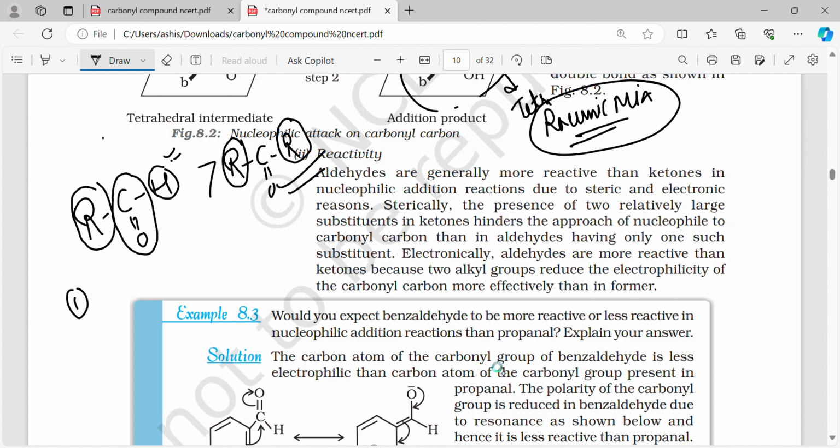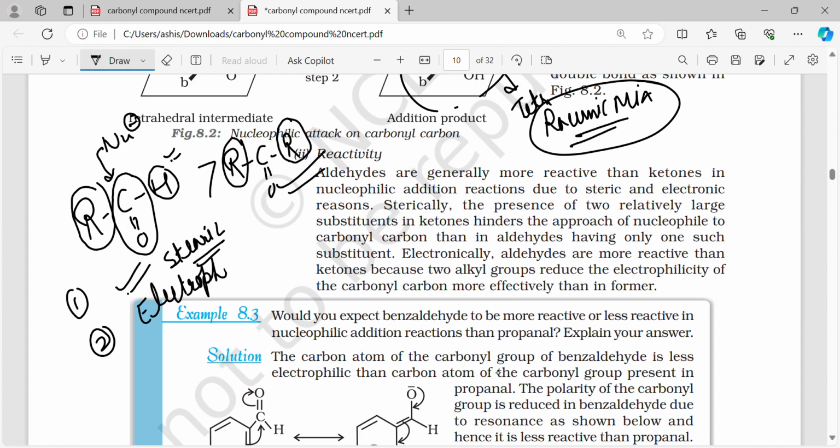Steric hindrance in ketone is more. That's why the nucleophile will attack faster on the carbonyl carbon of aldehyde. That's why aldehydes are more reactive toward nucleophilic addition reaction. So the first factor which affects the reactivity is the steric factor.